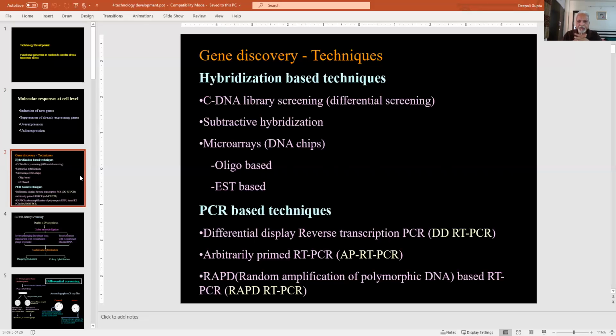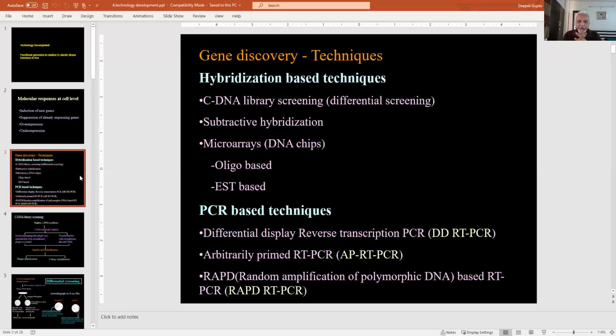There are different approaches, and in my lab we have used almost all these approaches to pinpoint differentially expressing genes under different sets of conditions.